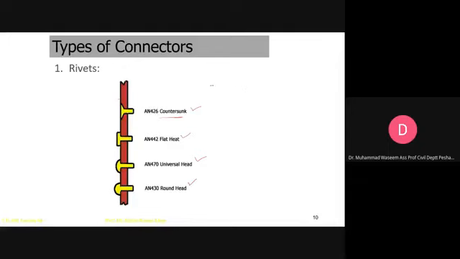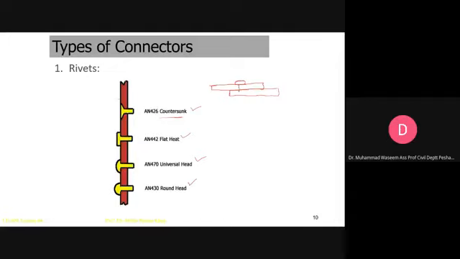For example, if I want to connect two plate members with a joint, what you do is drive a rivet. It is a round head rivet.